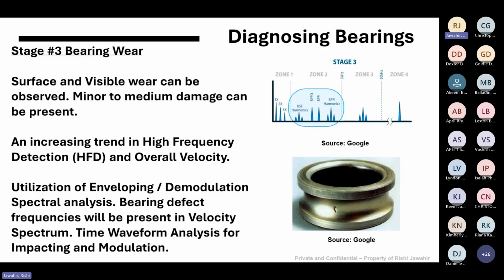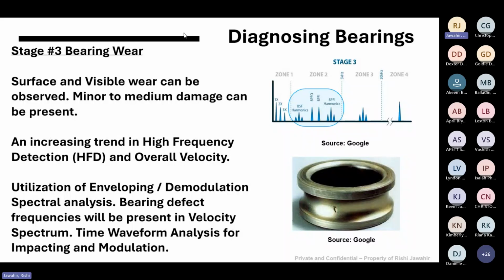And we may start to see an increase in that region. And typically, we may start to see defect frequencies in the velocity region, right? So we mentioned, if you remember, the four defect frequencies: the inner race defect, outer race defect, the ball spin, and also the cage. We will start to see these frequencies also with harmonics, which are integer multiples of these frequencies, starting to occur in the velocity region, which is typically a lower frequency range.